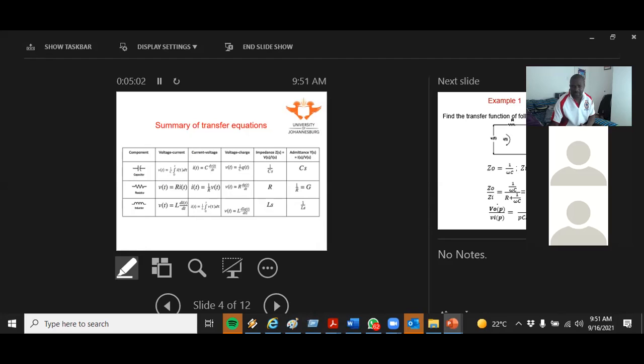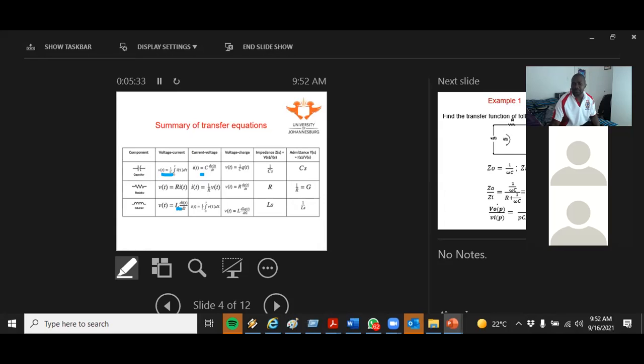So switching from voltage to current, you can see it clearly. For the inductor, where you make current, you invert. For the capacitor, you don't invert, but where you make voltage, you invert. So this is how it works, and this is a summary of everything.